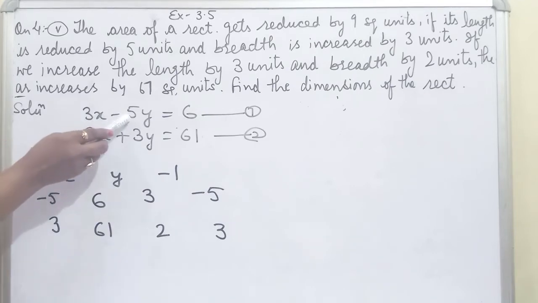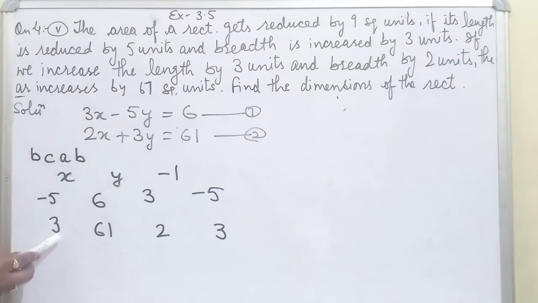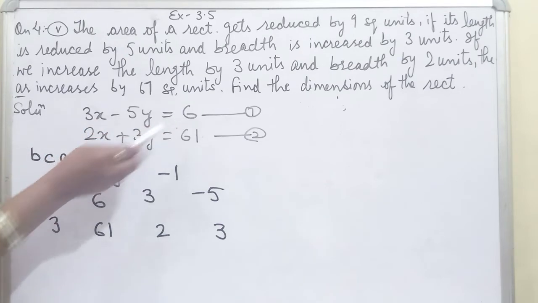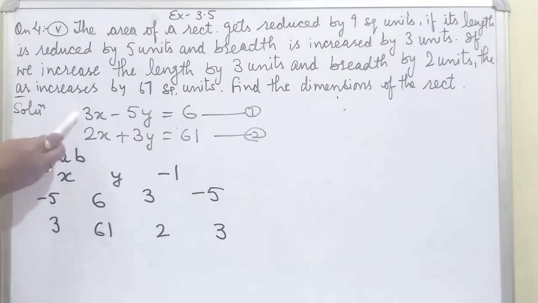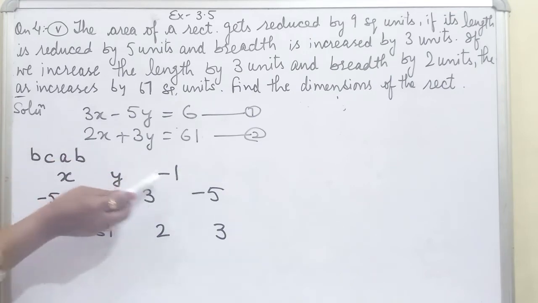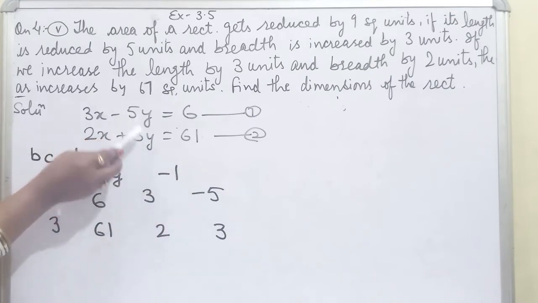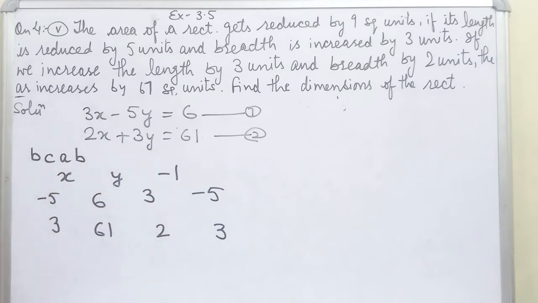So we write minus 5, 3, then C, 6, 61, then 3, 2, and here again minus 5 and 3. Now these are for x and these are for y, and these are for minus 1.